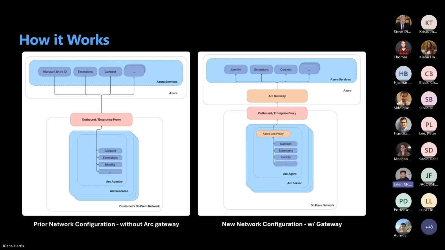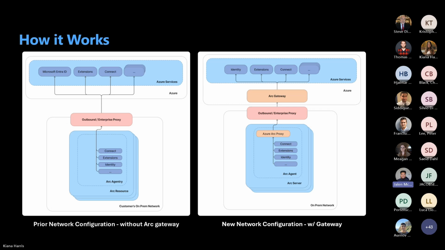So you essentially allow that in your proxy, plus a couple other URLs that will still be required. These will not be wildcard URLs, but it is much fewer than the list required. There's about 7 URLs required in our current state. We want to continue reducing that list. But essentially, you allow that gateway URL in your proxy.